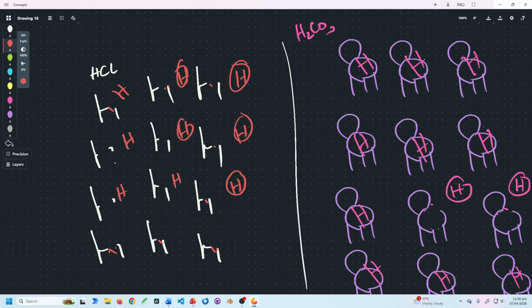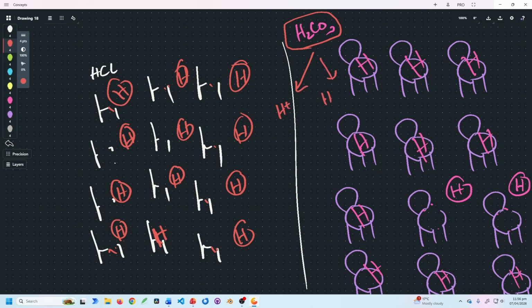Maybe one of them might be daring enough to continue sitting on this chair, but all the others jumped out into the water. But compare this, they are still there. So it means that not all of the H2CO3 molecules are converted into H positive plus HCO3 negative. Many of them are still undissociated in this form.